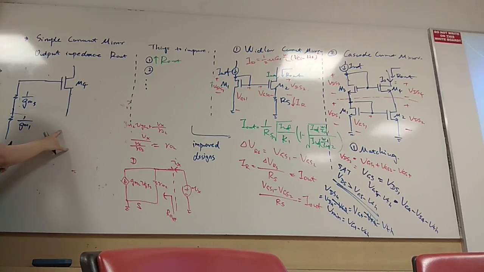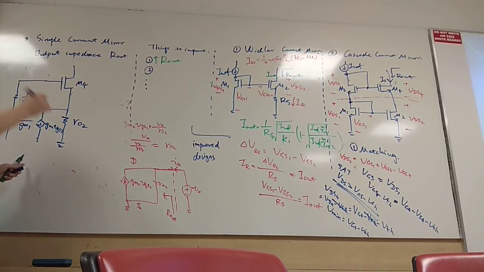Originally is my M2. So after I convert M2 into its AC equivalent model, it will be R out 2 and a GM VGS2. That's my M2, right?